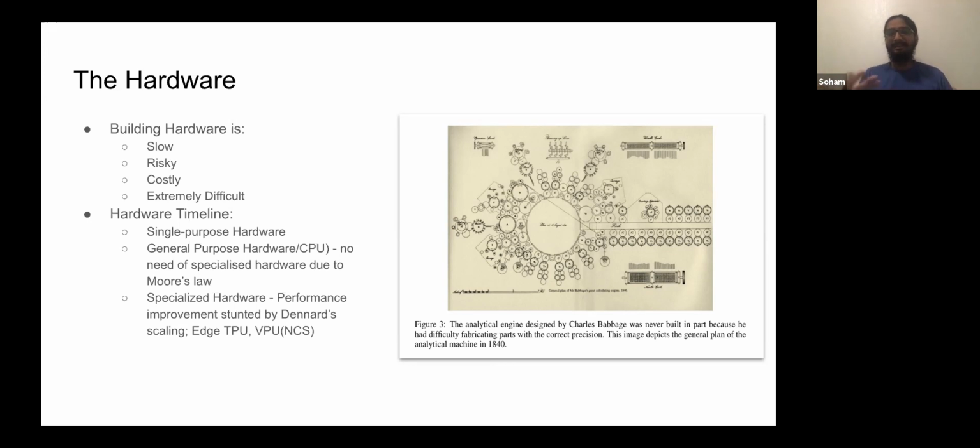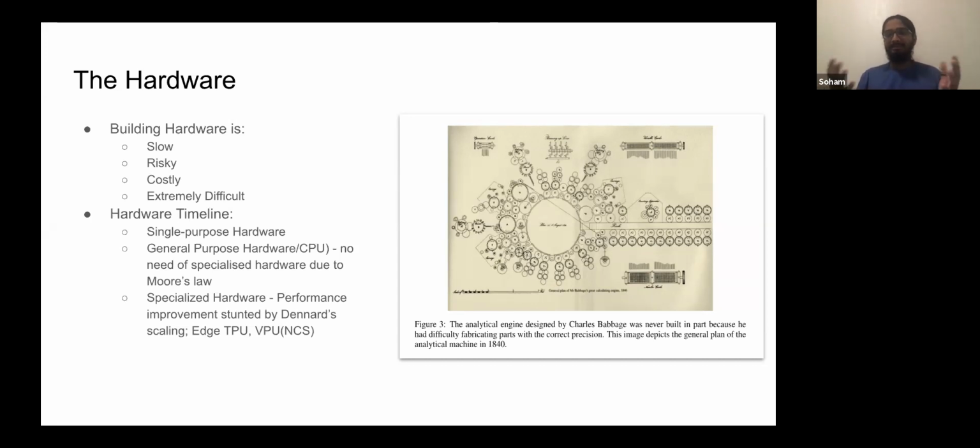The reason for that is something a lot of us are familiar with, which is Moore's law, which basically says that every 2 years or about 1.5 years, we can double the number of transistors on a chip of the same size. And what that essentially means is that every 2 years, your performance will double.